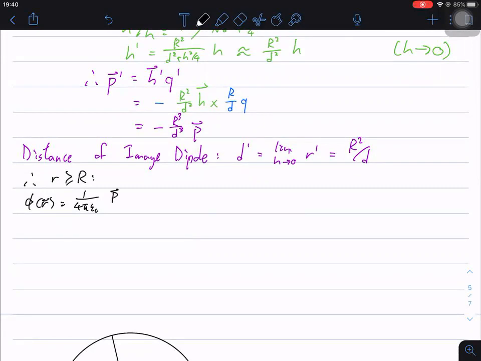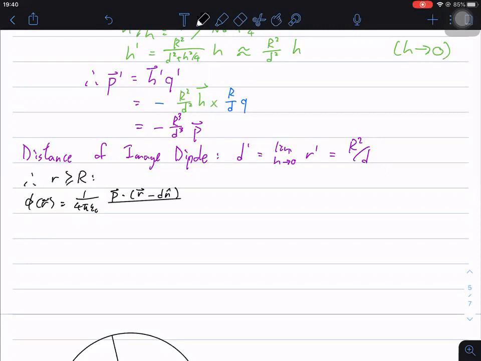So we have P dot R hat. The R hat here should be the distance between the dipole moment and the observer, so it should be R minus D n hat, where n hat is the unit vector pointing from the center of the sphere to the dipole.